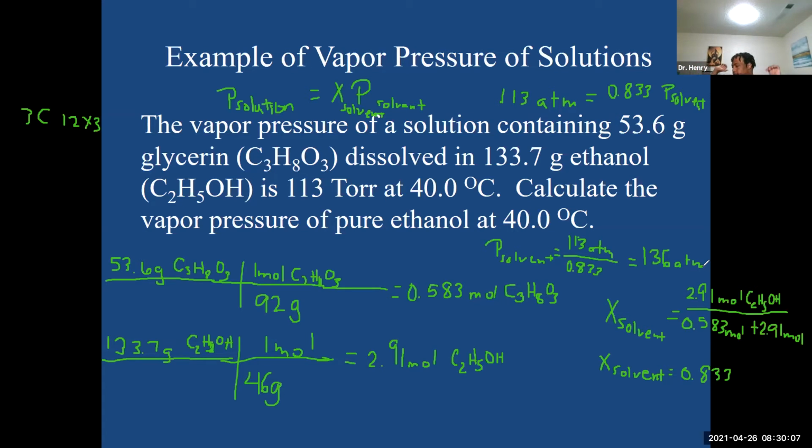So you need 3 sig figs, right? So 136 torr. Thank you, even though I keep putting atmospheres.